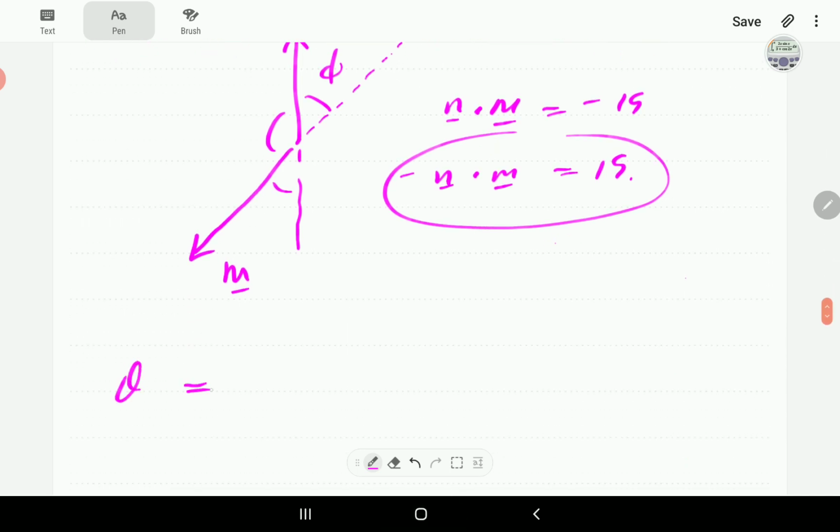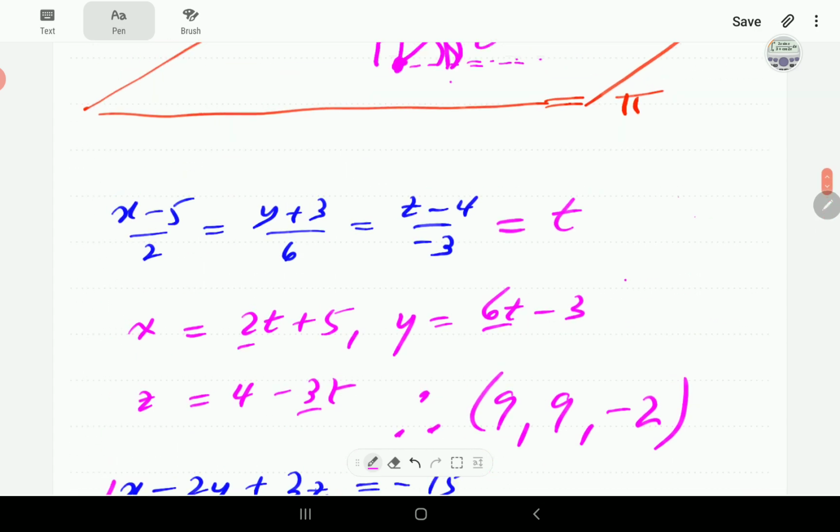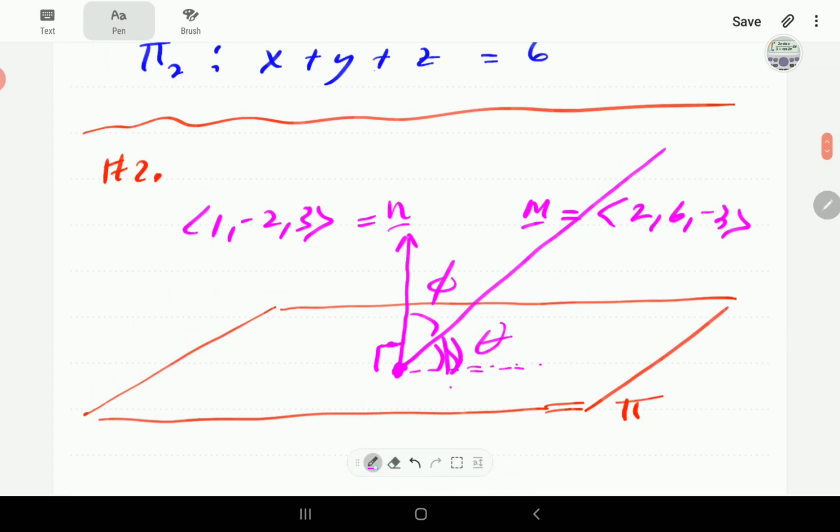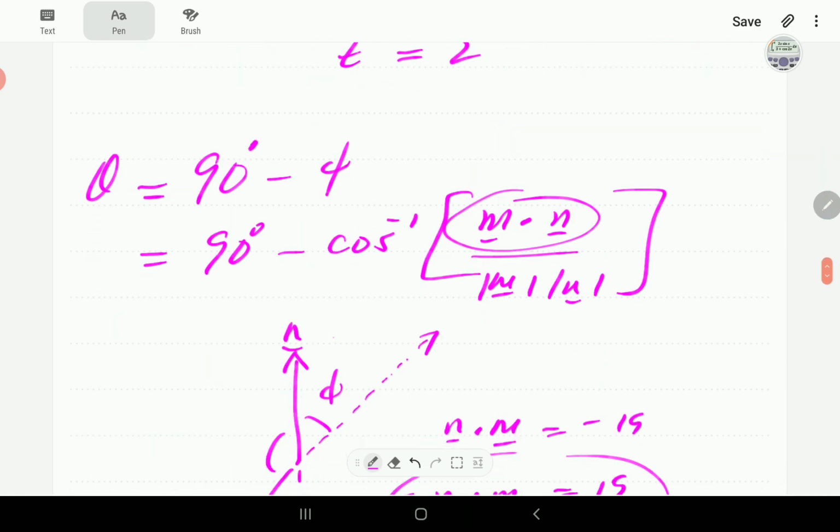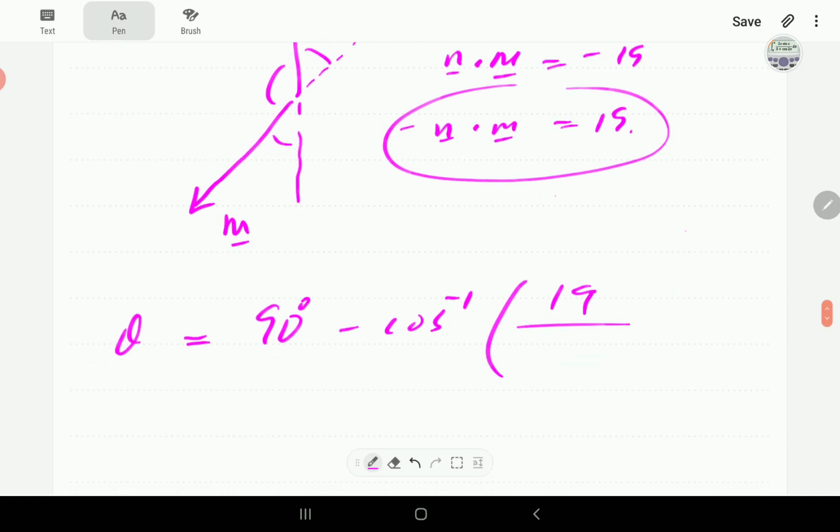Okay, so theta is 90 minus inverse cosine 19. Then we do the magnitude of each one of them. This one is going to be 9, 10, it's going to be 14. So that's square root 14 there.